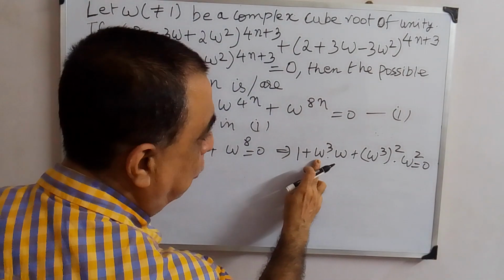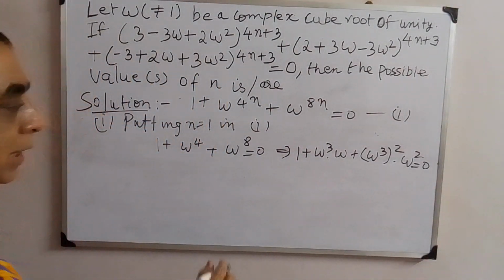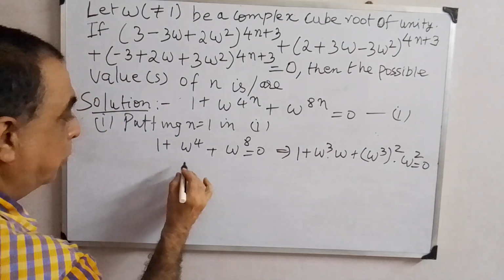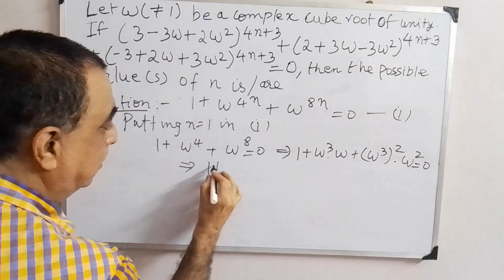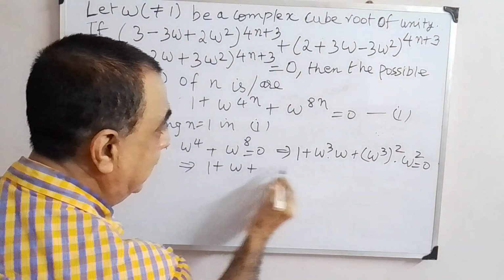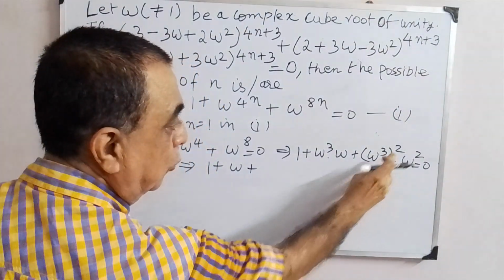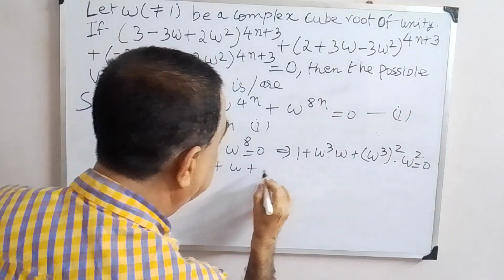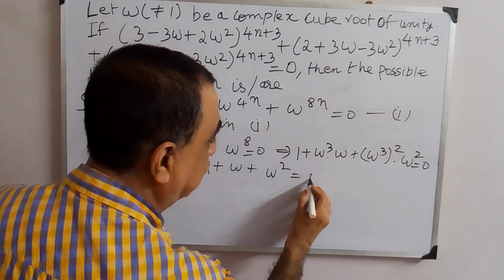We know that omega to the power 3 is equal to 1. So 1 into omega will be omega. So this will become 1 plus omega, and here also omega cube is 1, so 1 squared is 1, and 1 into omega squared is omega squared.